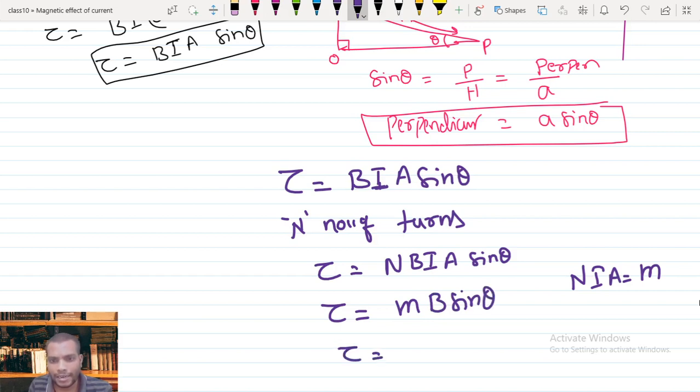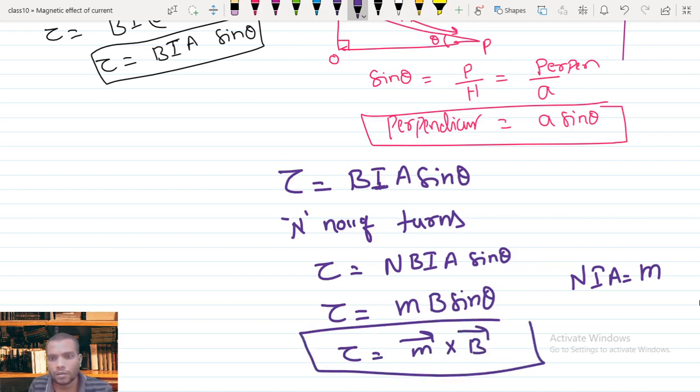I can write this in terms of vectors: m bar cross B bar, since tau is a vector, so we need to express it in vector notation. Now let's talk about this character. Small m equal to the product of N I A: the amount of current times number of turns and area. This we term as magnetic moment.